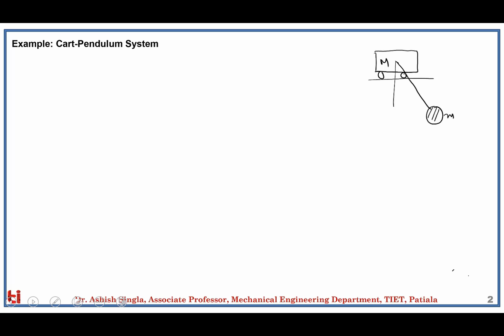Let's say the pendulum is having length L and it is subtending an angle of theta t from the vertical position, and let's also assume that the cart is attached with a spring and damper where K represents the stiffness of the spring and C represents the damping coefficient.